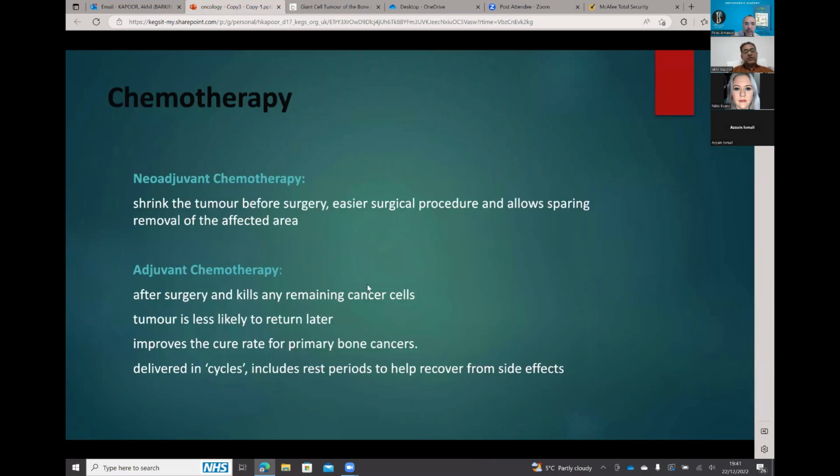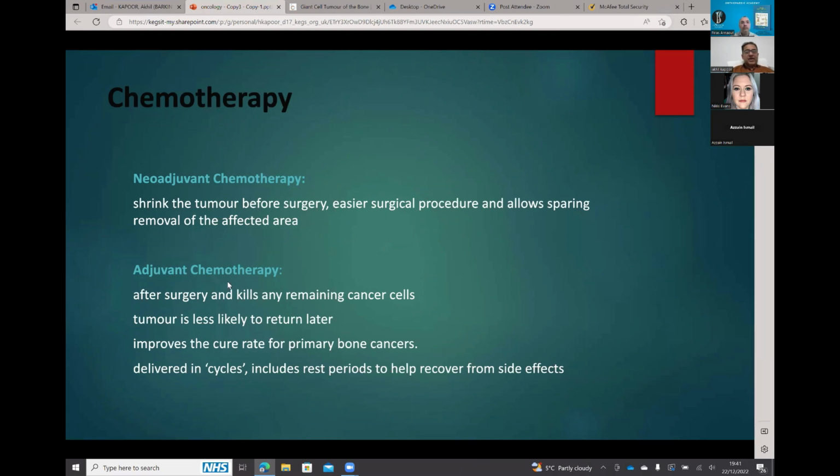So just a few notes on chemotherapy. Chemotherapy can be used as neoadjuvant chemotherapy, which shrinks the tumor before surgery, as discussed before, which allows easier surgical access and sparing of removal of the unaffected areas.